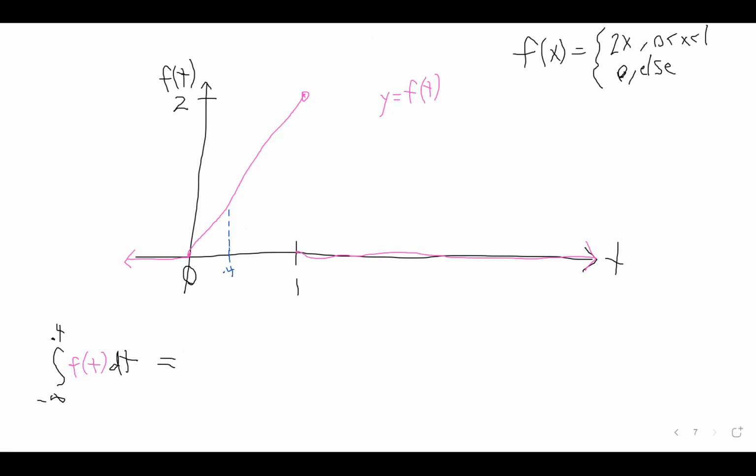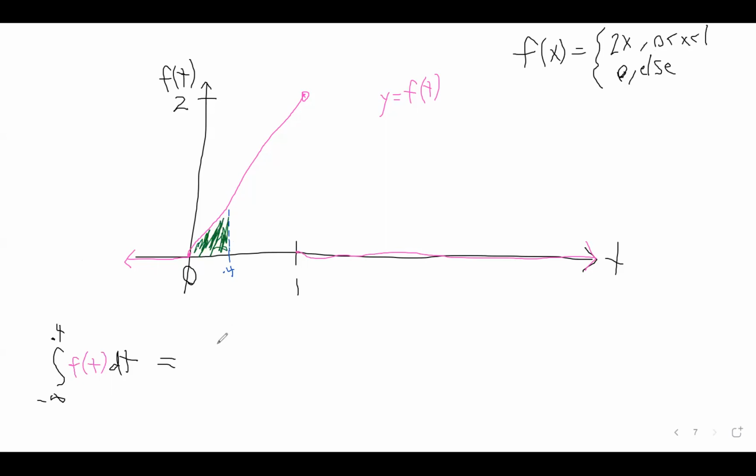And so the area under this graph would be, let's use green, the area of this region. Make sense? There's no area under the curve to the left of 0 because it's always 0 everywhere else. The only non-zero area is here.